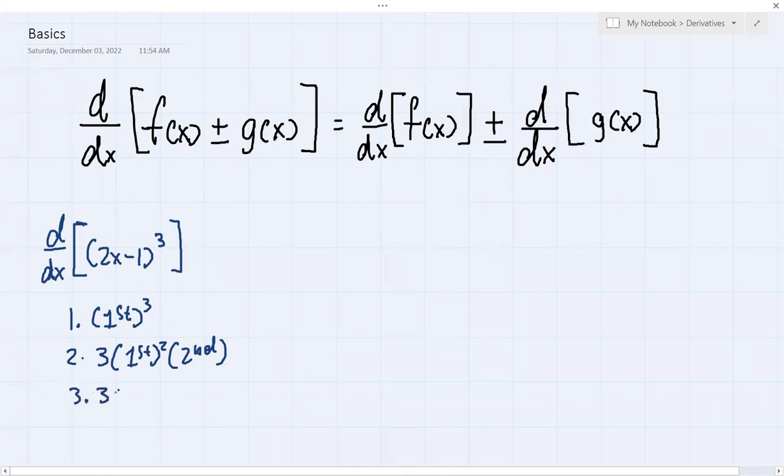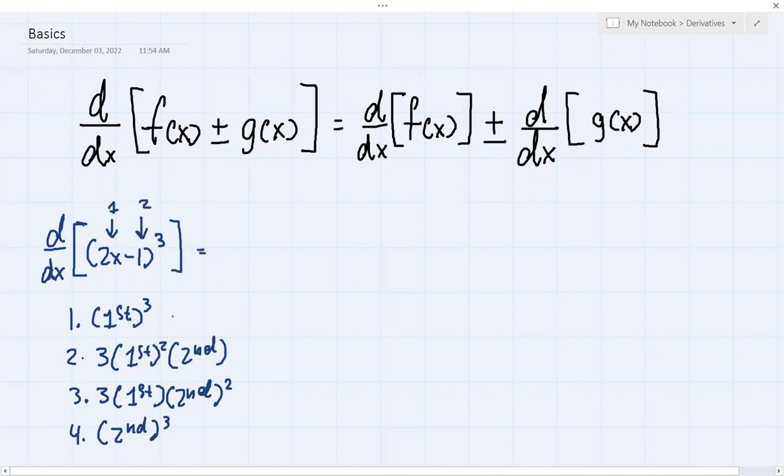Third step is 3 times the first term times the square of the second term. So, ibig sabihin nun, this is thrice the product of the first term and the square of the second term. Then last step is i-cube mo yung second term. Remember, ito si first term at ito si second term.